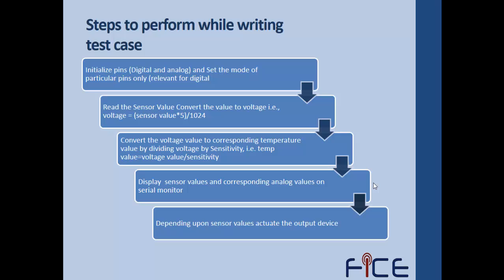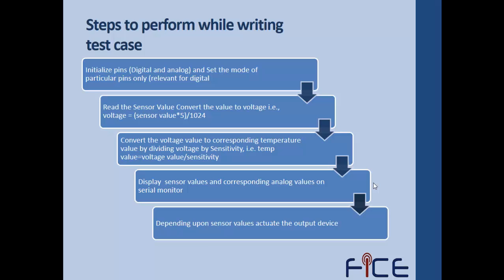After that, the next step is to read the value of the sensor, that is, the sensor which is connected to the digital pin or analog pin. We read the sensor value and convert it to voltage.